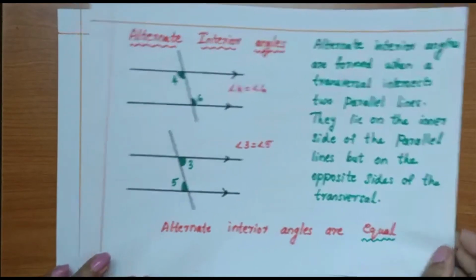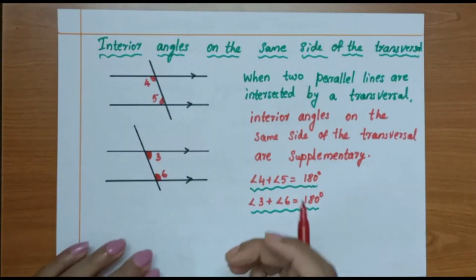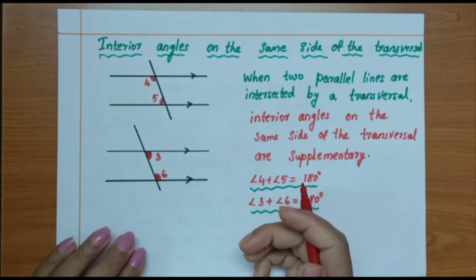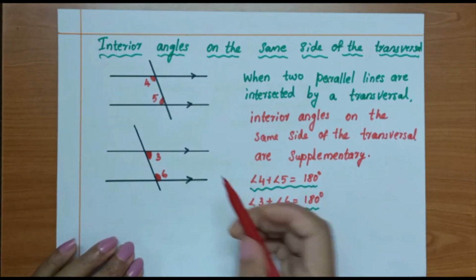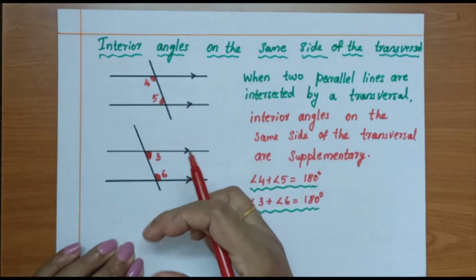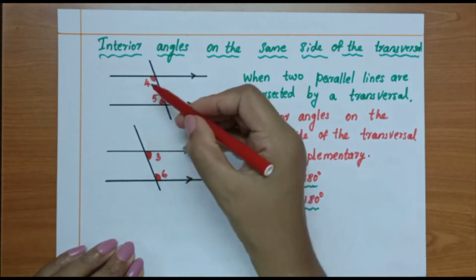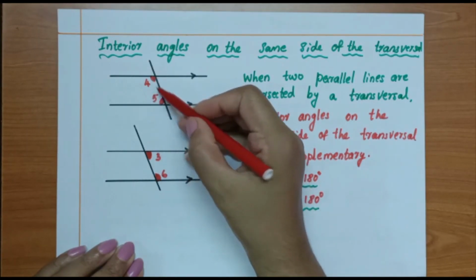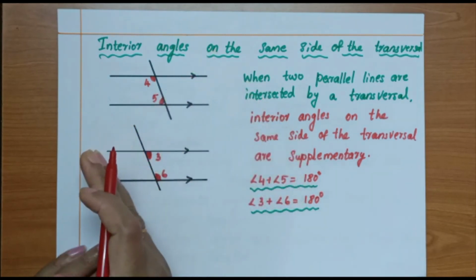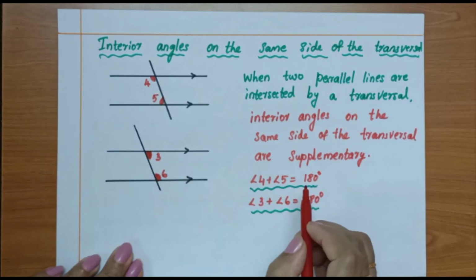Then the third type of angles are interior angles on the same side of the transversal. Here we have the position: the same side of the transversal, but inside the parallel lines. Interior angles should always be inside the parallel lines. So interior angles are angle 4 and angle 5, on the same side of the transversal. And listen, interior angles are not equal.